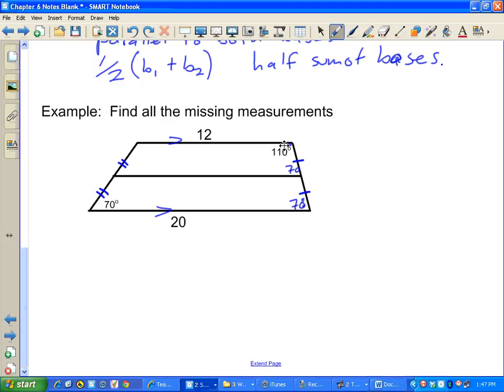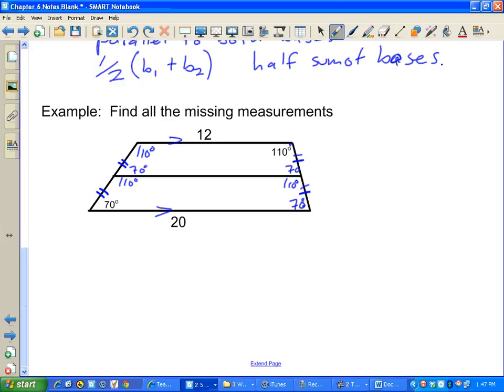Okay, so this transversal, so those are corresponding. This would be corresponding to the 110. Since this is 70, I know this is going to be 110. This would be corresponding to the 70. This would correspond to the 110. Since these are congruent, I now know that I have an isosceles trapezoid because I've found that I've got congruent base angles.